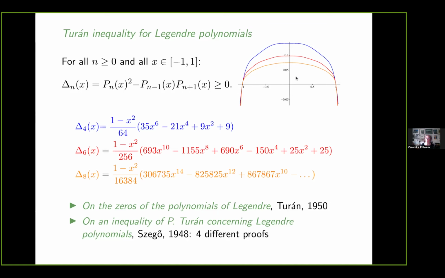What is also interesting, Legendre polynomials are orthogonal polynomials, so the polynomial P_n has n real simple roots in the interval -1 to 1, so they are oscillating, but this Turan determinant is not oscillating. It looks very smooth. This keeps going like this.